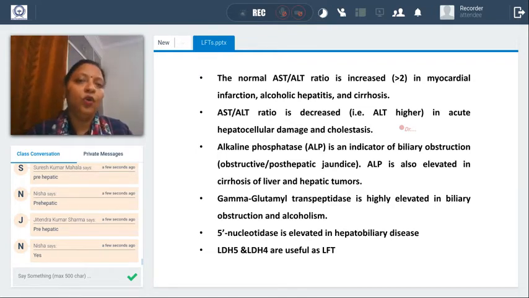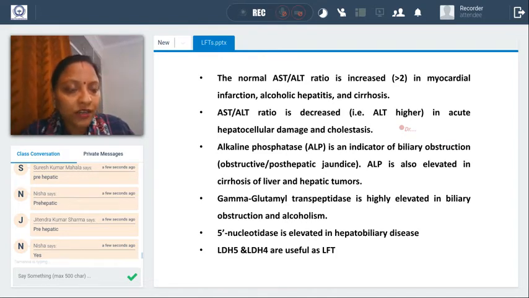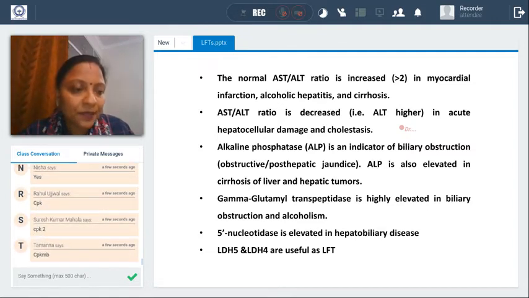You all know the biomarker of myocardial infarction is AST. Please write in the box the earliest biomarker enzyme of myocardial infarction, with its isoenzyme. Only CPK?